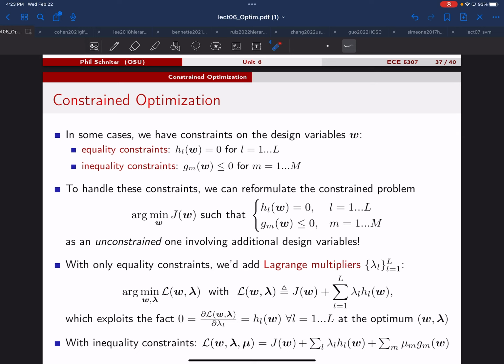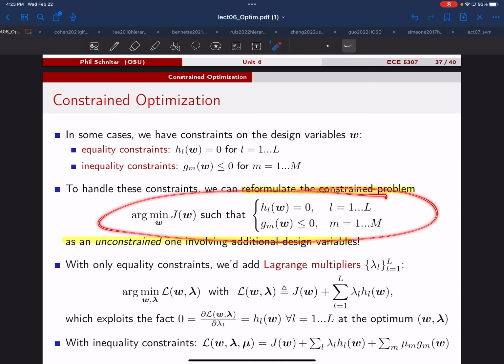So the basic method that people use to handle this situation is you reformulate the constrained problem as an unconstrained problem that has additional design variables. Let's say this is the original problem.